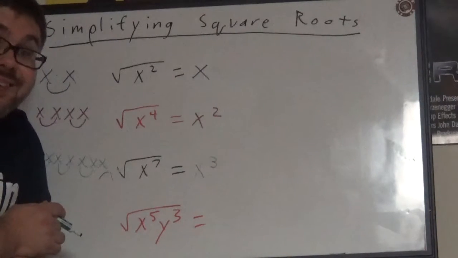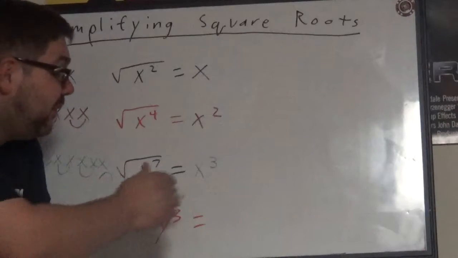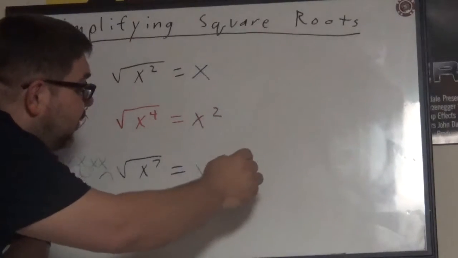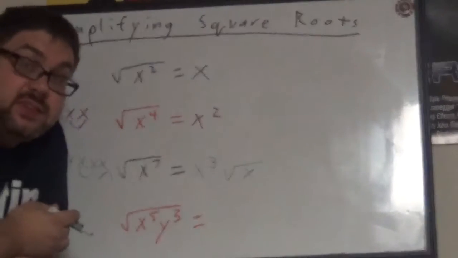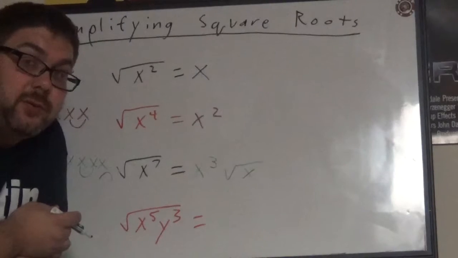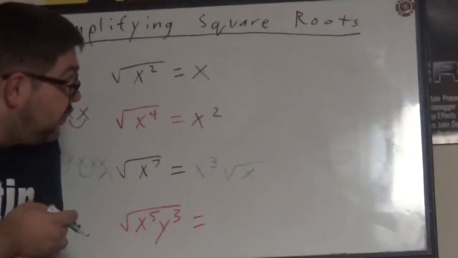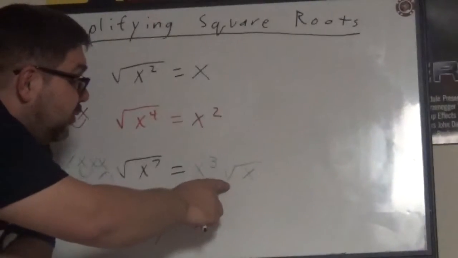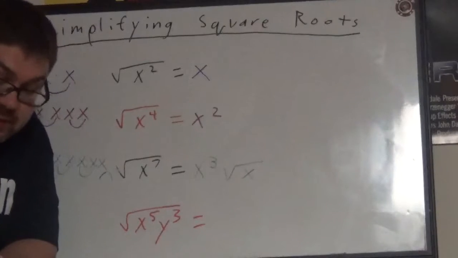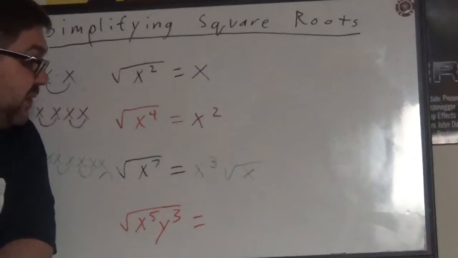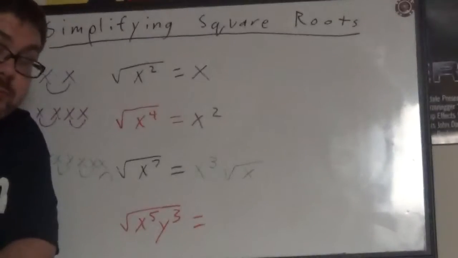Why is he sad? He didn't get out with the square root. He's still stuck inside the square root all by himself. All his friends are gone. So x to the 3rd root x. That's how it's said. But what it really means is x to the third times the square root of x.